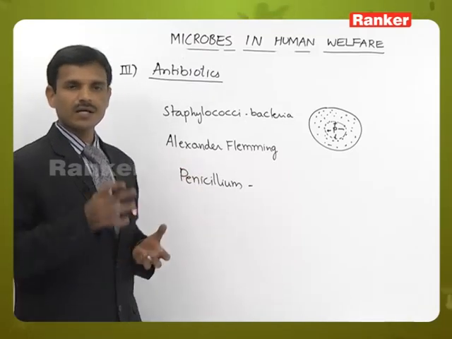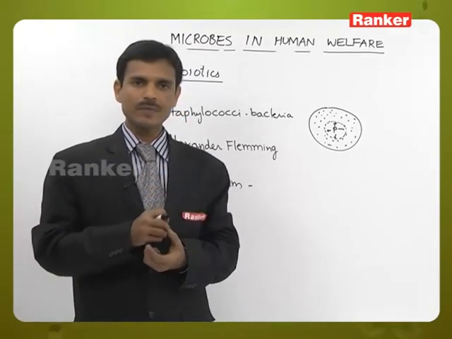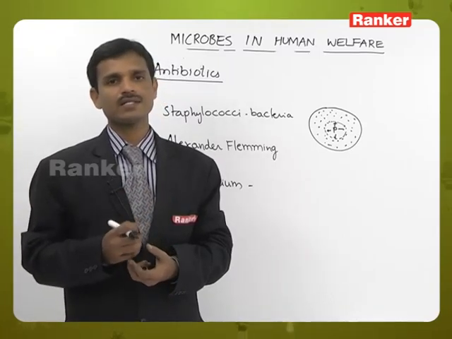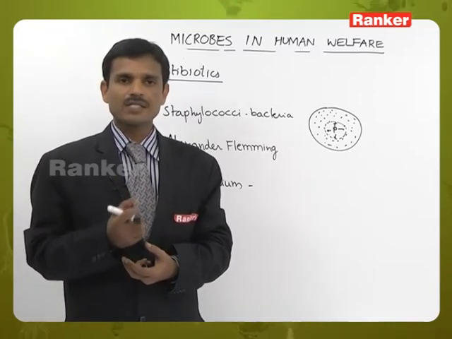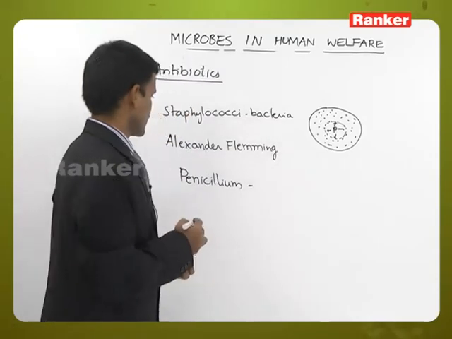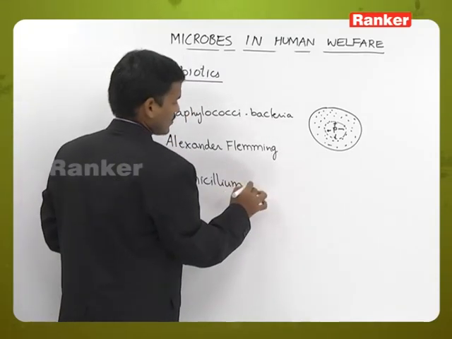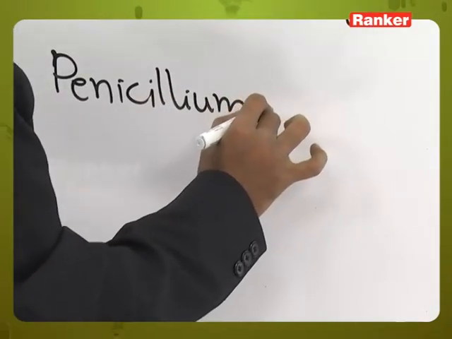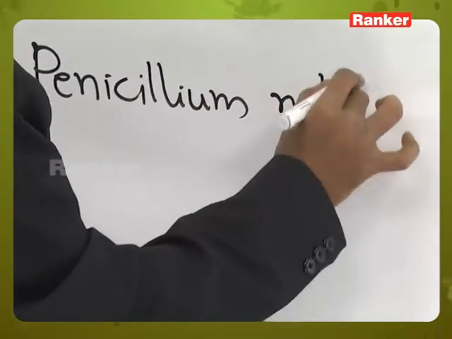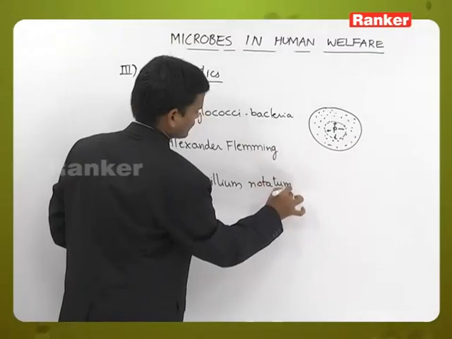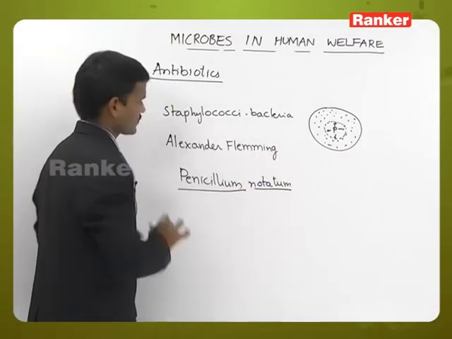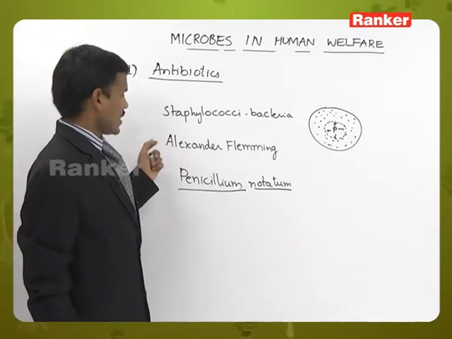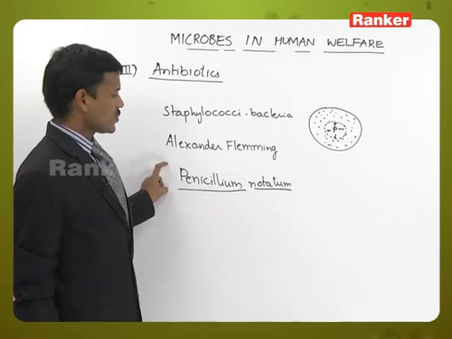That is why one chemical is extracted from the Penicillium fungus, later named penicillin antibiotic. Penicillin was first extracted by Alexander Fleming from Penicillium notatum.